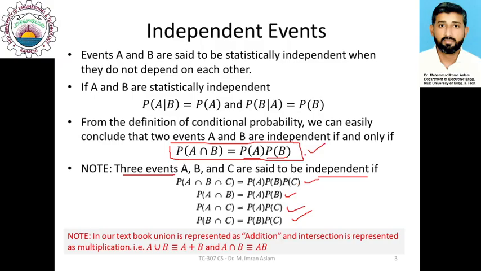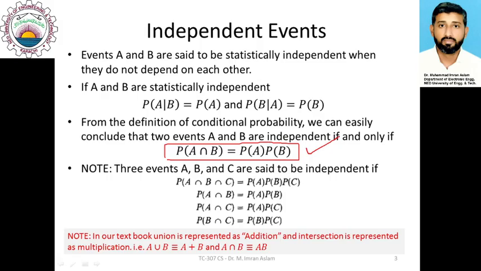These conditions are easier to incorporate in mathematical analysis. So typically for independent events, we refer to the condition that the probability of their intersection becomes equal to the product of their individual probabilities.